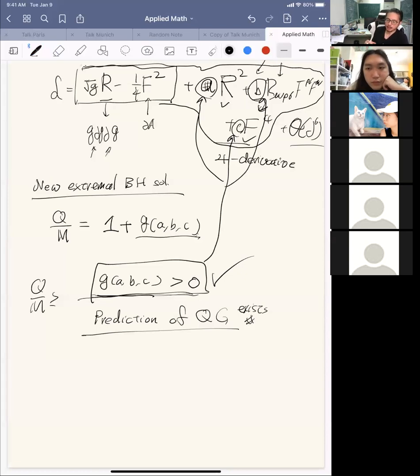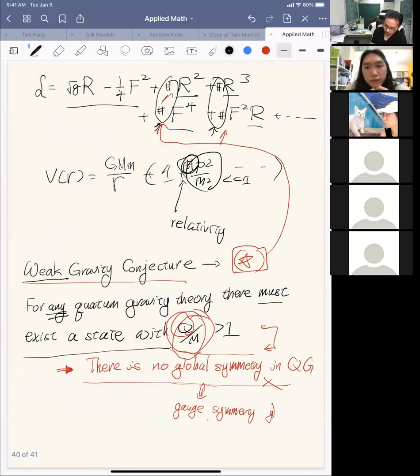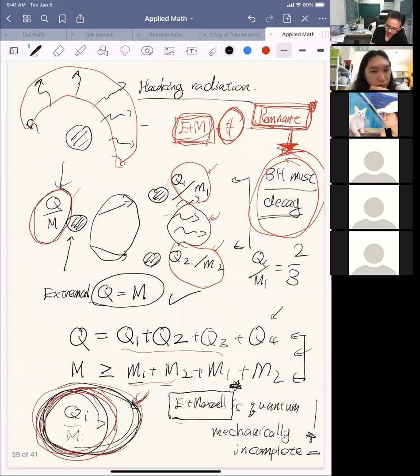Even though there are different possible models, there are precise predictions that we know. For example, any corrections that come in, for a consistent quantum gravity theory, must make the correction to the extremal charged black hole bigger than 0. And that comes from, going back to the very beginning, the fact that black holes must be able to decay.